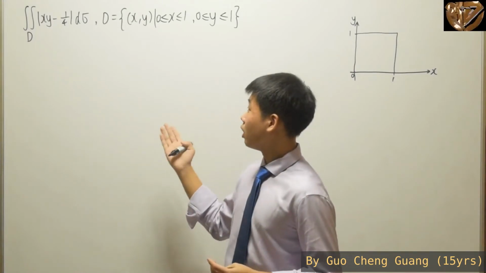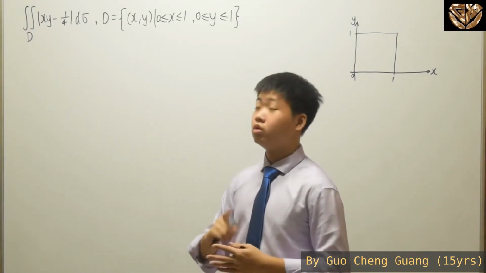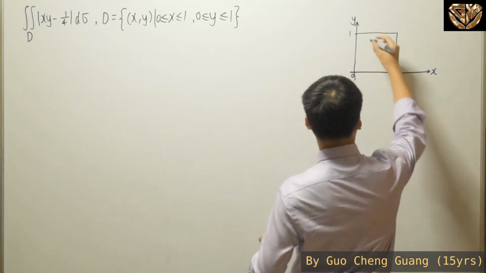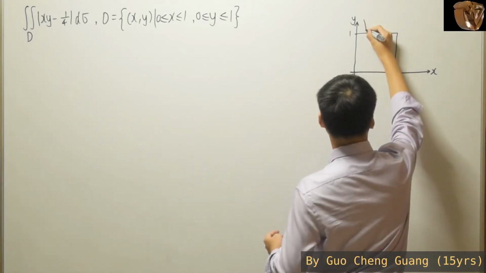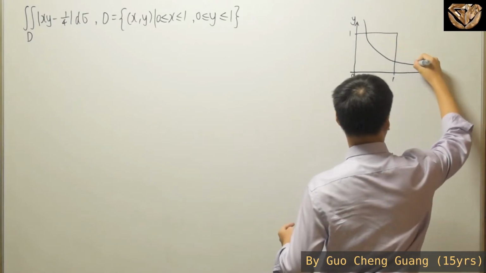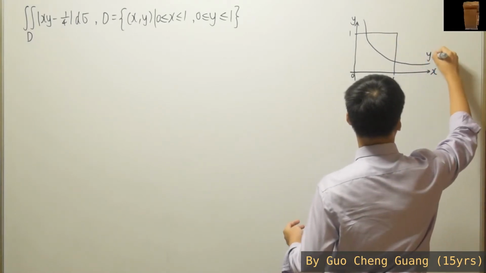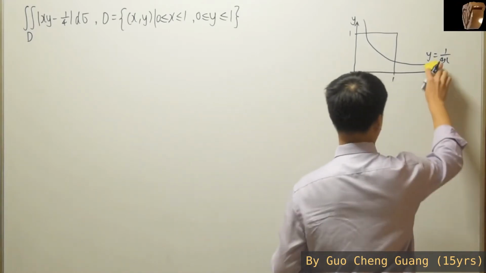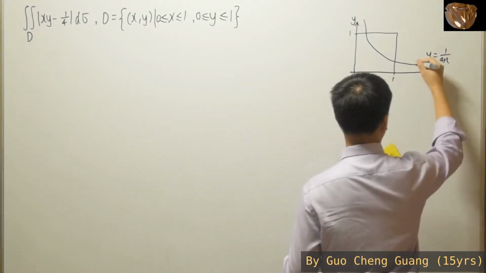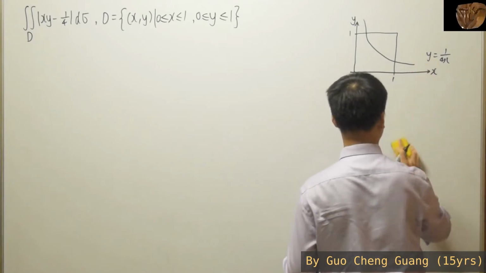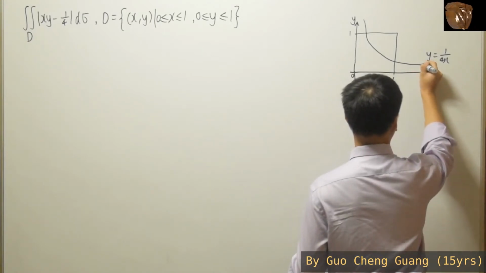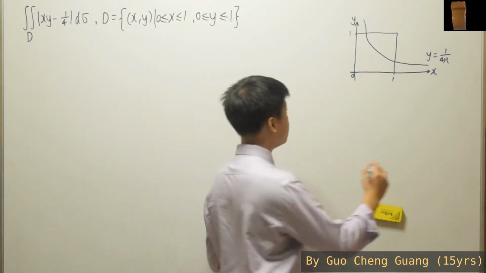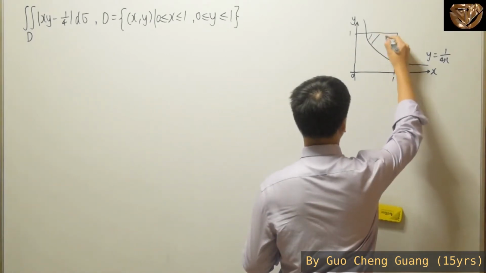So when xy is equal to 1 over 4, y is equal to 1 over 4x, and that graph will pretty much look like this, alright? So this is y is equal to 1 over 4x, and there is no going back upwards. So this is the graph we will be taking a look at. And that means we'll be separating it into two different regions.